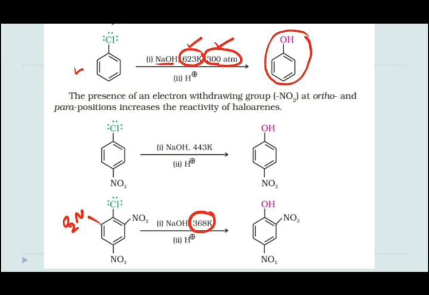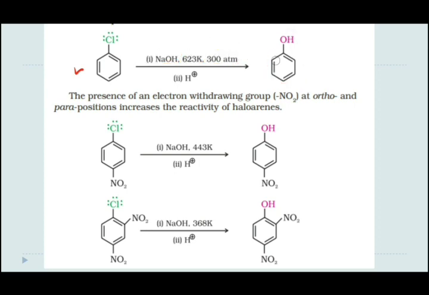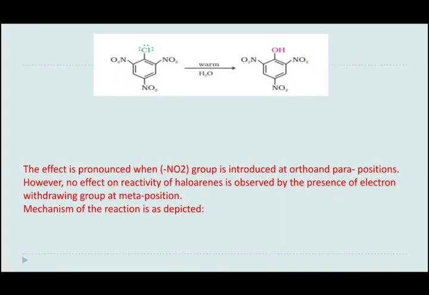At normal temperature it will show the reaction. Okay, so here you can see that electron withdrawing groups can change reactivity. In this slide you can see that if 3 NO2 groups are attached, we just need to simply warm the mixture and we will get the product.